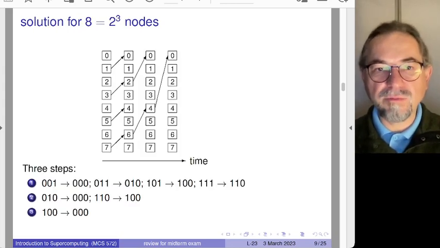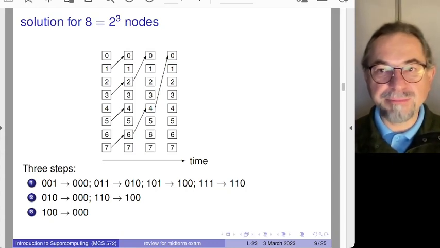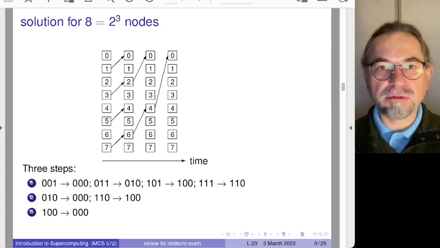Here I work out one of the base cases. So a hypercube has a number of nodes equal to a power of 2.